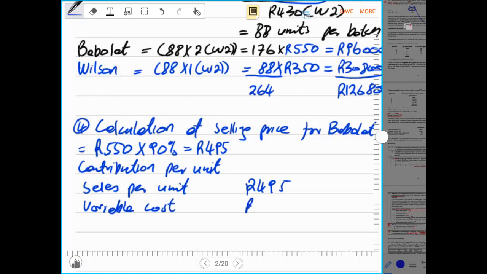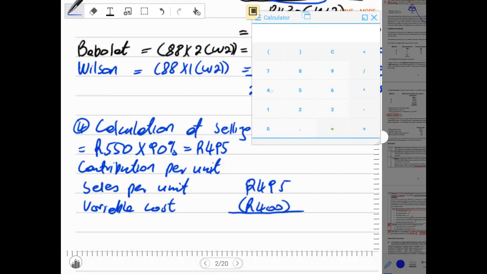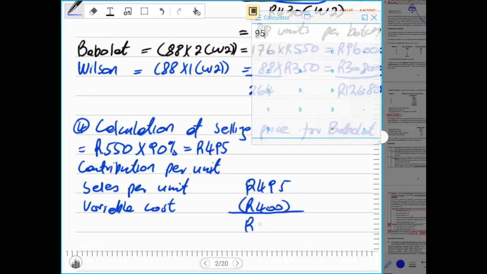Our variable cost remains the same despite the discontinuation of product Wilson. So now we'll have the new contribution, which is 495 minus 400. Therefore, now we can see that our contribution is 95 rand.